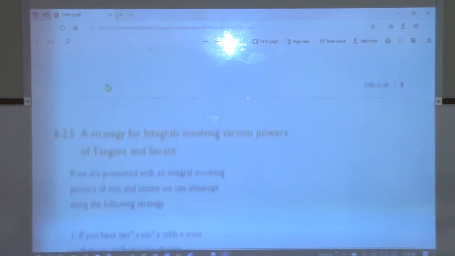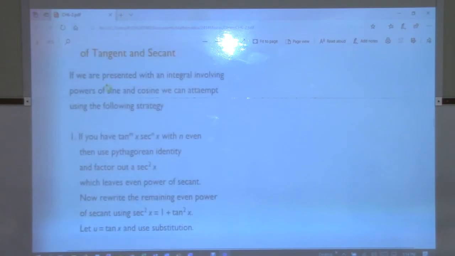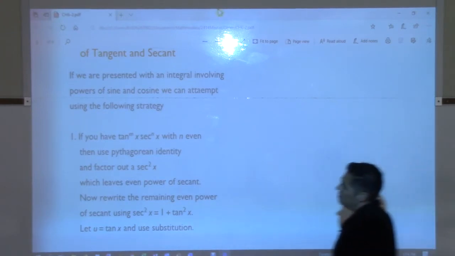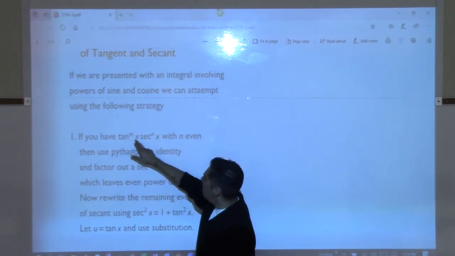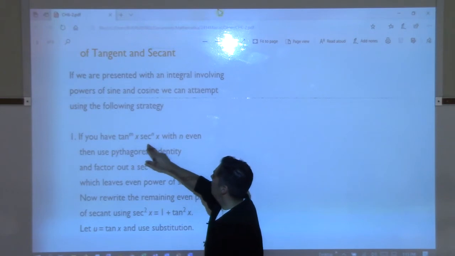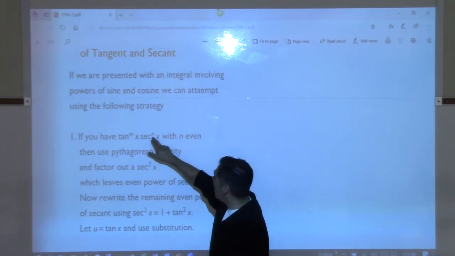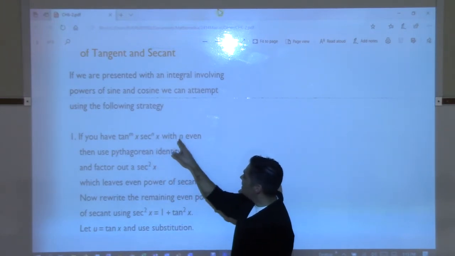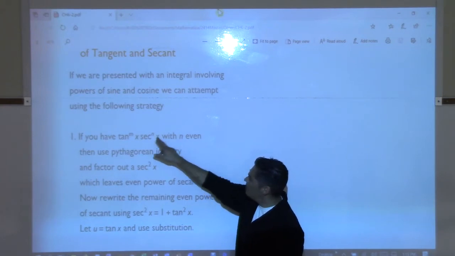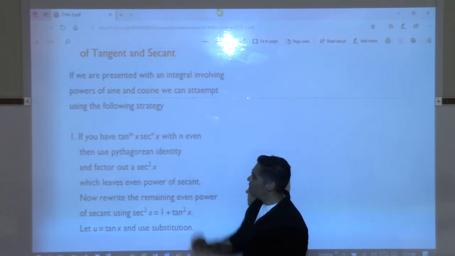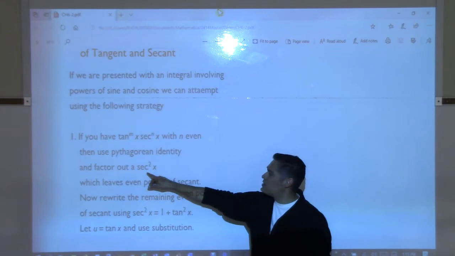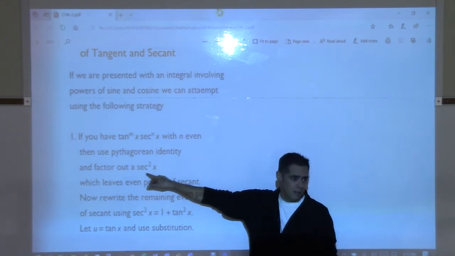All right, let's get to the strategy. Just like we had before, we're going to look at our integral. It says if we have tangent raised to some power, m, and secant raised to some other power, n, where you have an even number on the secant, then we're going to factor out a secant squared.